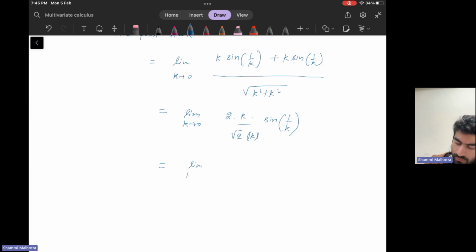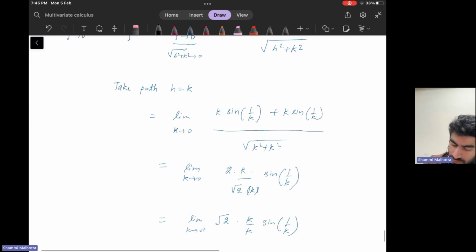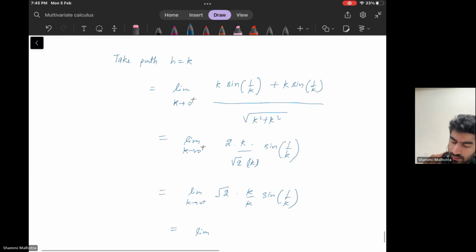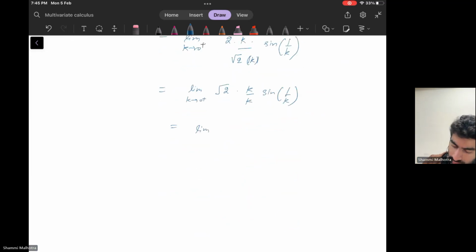So limit k tending towards 0 from the positive side, this will be root 2 k by k sine 1 by k, which is root 2 sine 1 by k.